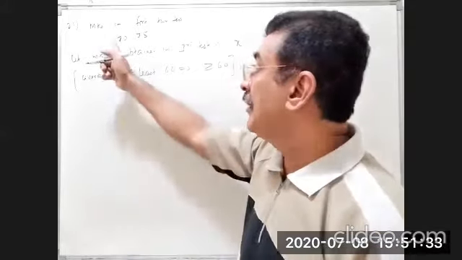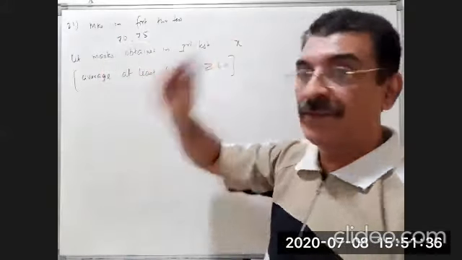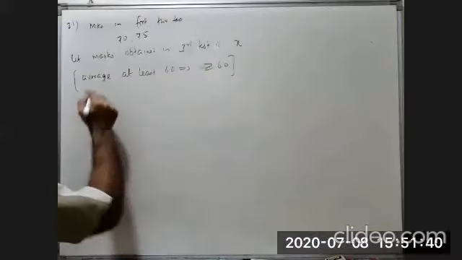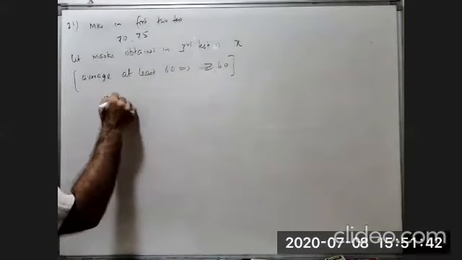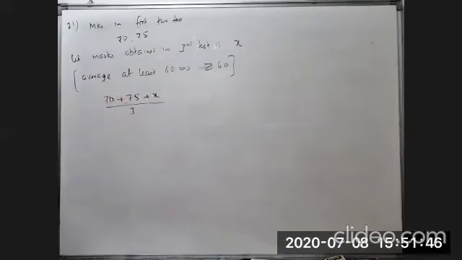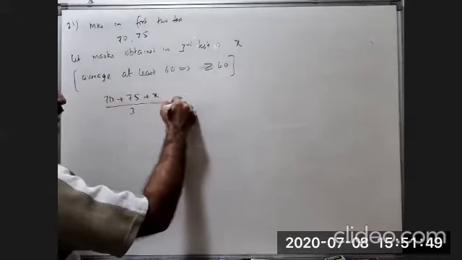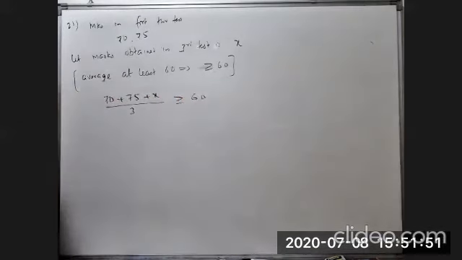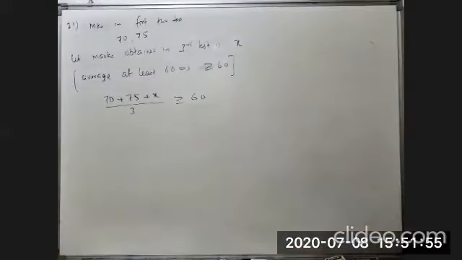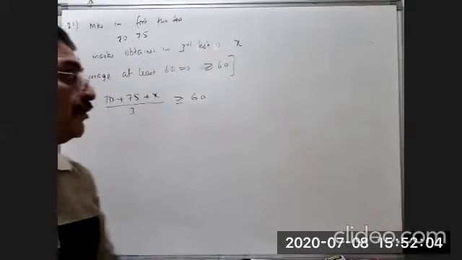If three numbers are given, 70, 75 and X, the average of these three numbers is (70 plus 75 plus X) by 3. This average should be greater than or equal to 60 because it is given that the average is at least 60.